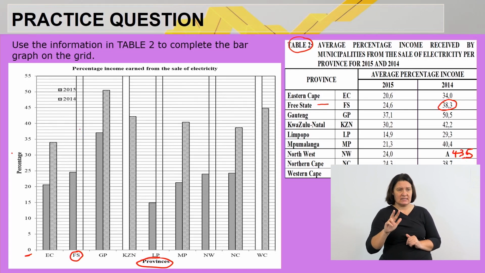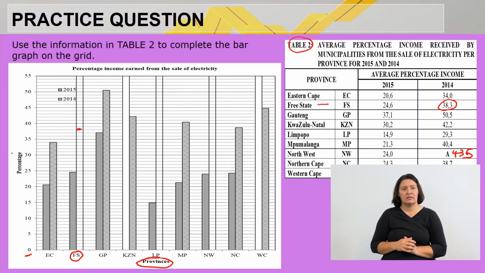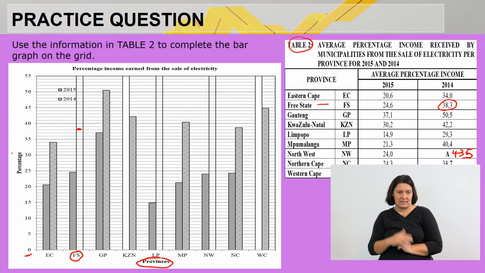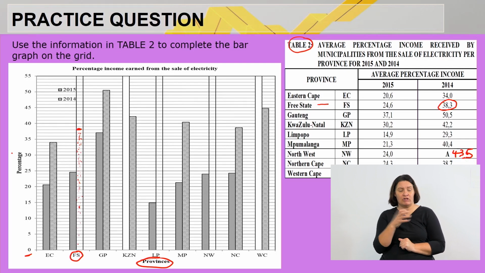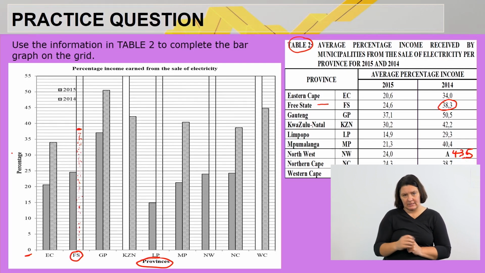I'm on 38 now, and it will be more or less just above there. Almost at 39. All right, so therefore, I'm just going to distinguish this one so that it's different from the 2015 year. So there we are doing our Free State 2014 average percentage.